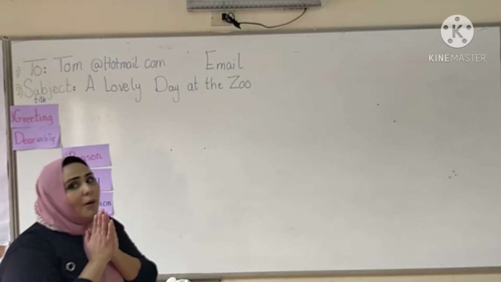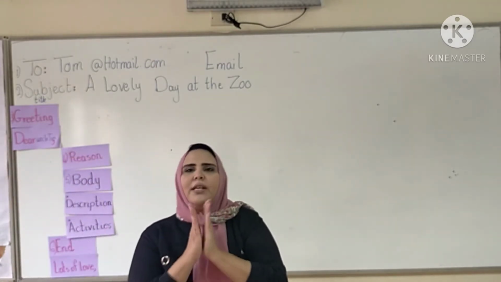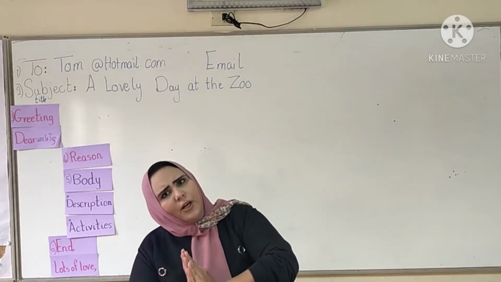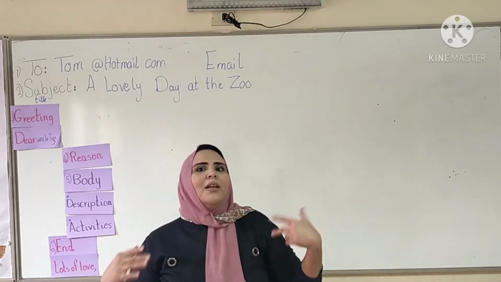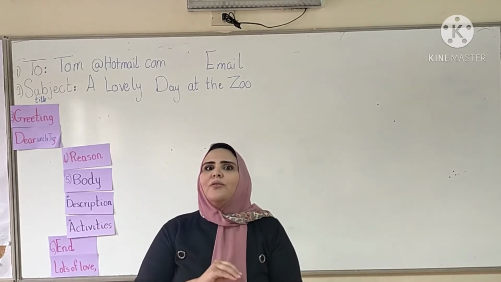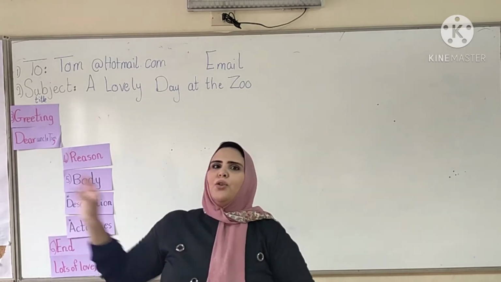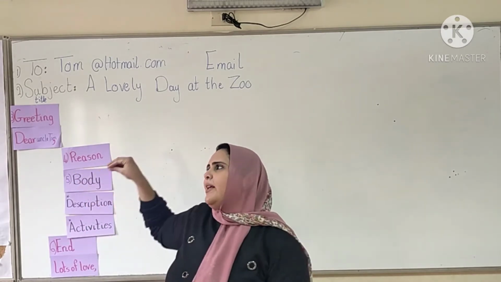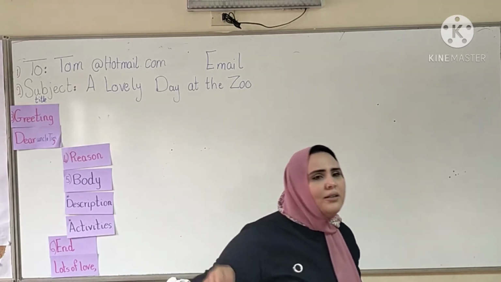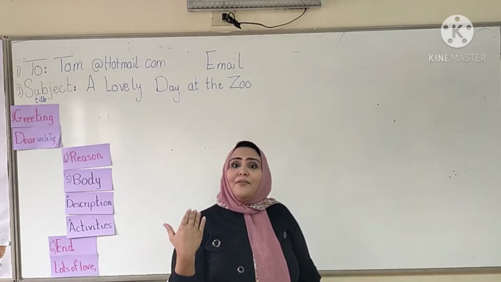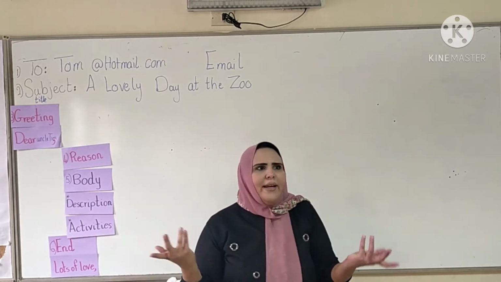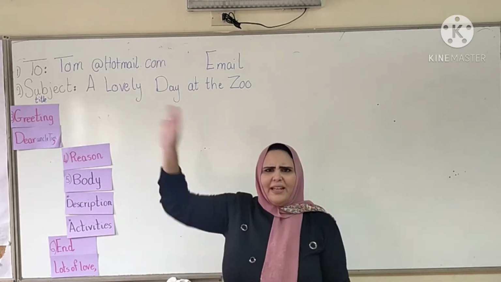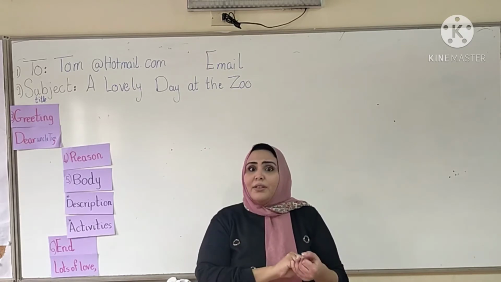What are we going to talk about in the reason? The first thing, we have to say, how are you? I hope you're fine. My family and I are very well. I'm writing this email to invite you to, and so and so. Here in our email, we're going to invite Uncle Tom to a lovely trip to the zoo. Okay, and you have to mention when. You're just going to invite him any day, or you have to tell him the time.